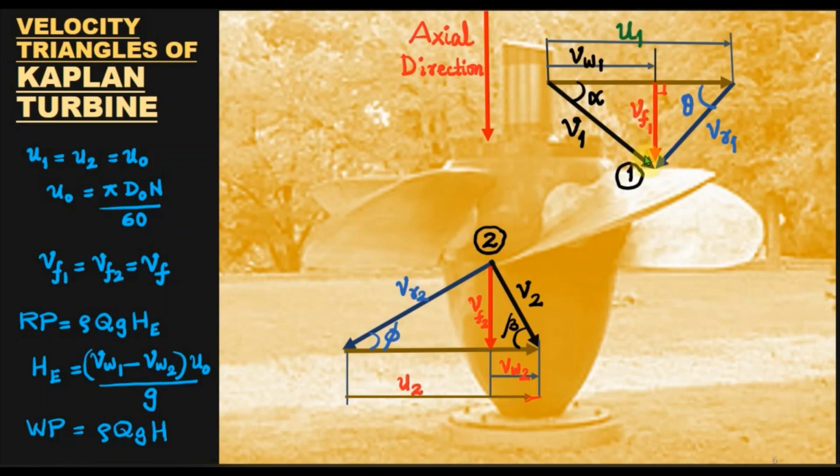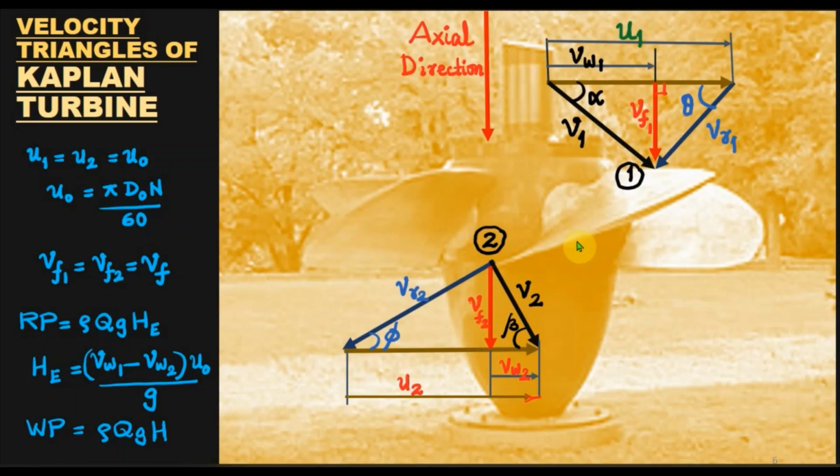Remember, VF1 is in the axial direction. VW1 and VW2 are responsible for the torque generation and consequently the power generation. And VF1 and VF2, these two axial flow components, take care of the discharge through the turbine runner.